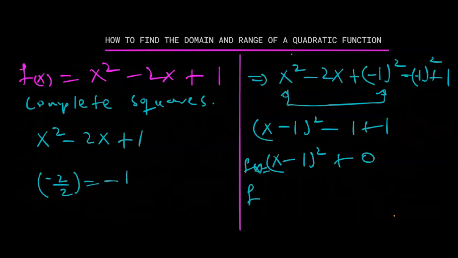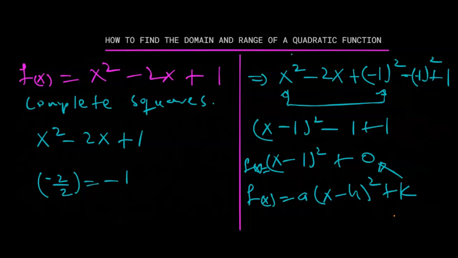Now whenever you write a quadratic equation in the form a x minus h squared plus k, then whatever number you get standing here is our k. And you see that our k is still 0.